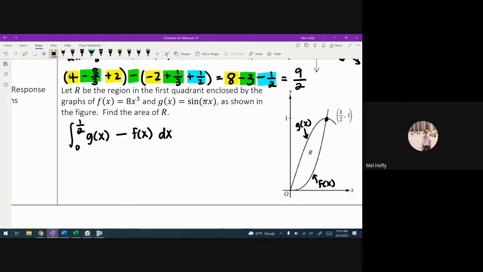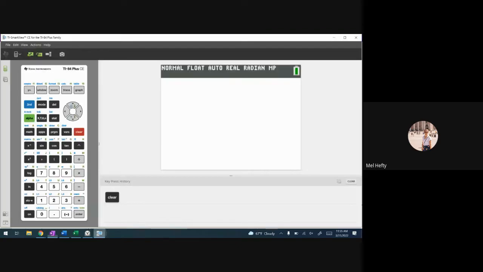Let's go ahead and plug this into our calculator. I'm going to go, if my calculator will open, to the home screen. Anyone remember where to get an integral on the calculator? Math and then number 9. Perfect. You'll notice the integral has pretty print, which is super easy and super nice. We'll do 1/2 at the top bound.